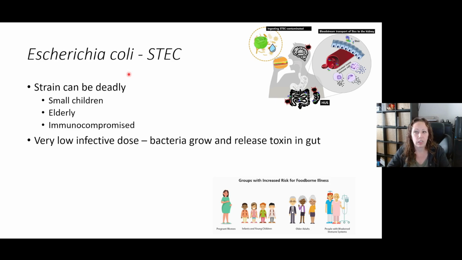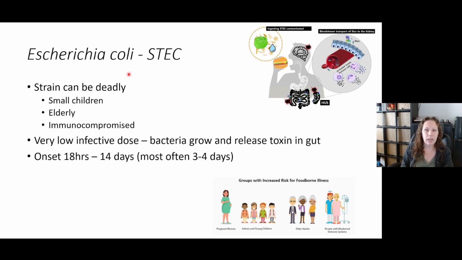E. coli has a very low infective dose. The bacteria easily grow and release toxin in our guts, so there doesn't have to be much contamination with these E. coli to cause severe illness. The onset of illness is between 18 hours and 14 days, though it's most often 3 to 4 days.